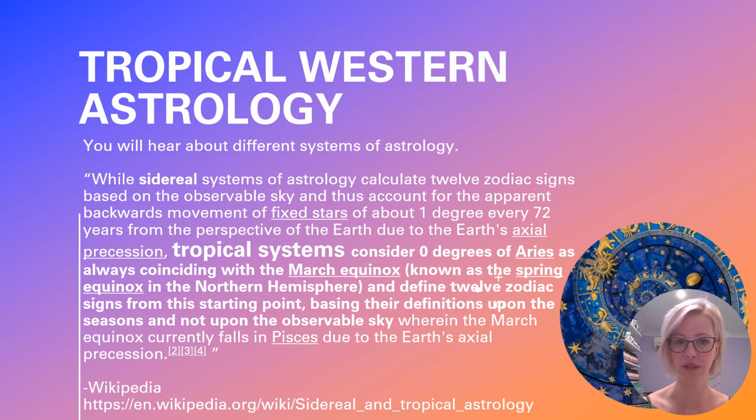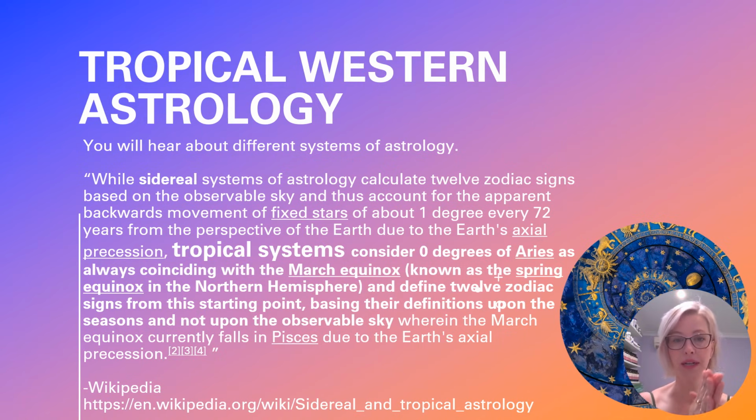So the tropical system always considers 0 degrees of Aries as always coinciding with the March equinox, known as the spring equinox in the northern hemisphere, or autumn with us in the southern hemisphere, and defines 12 zodiac signs from this starting point, basing their definitions upon the seasons and not upon the observable sky, wherein the March equinox currently falls in Pisces due to Earth's axial precession. So the tropical system is seasonal.